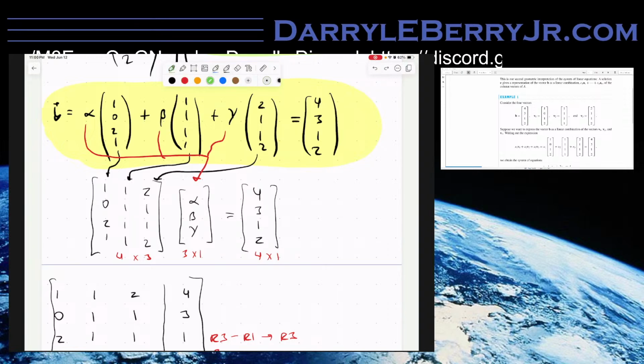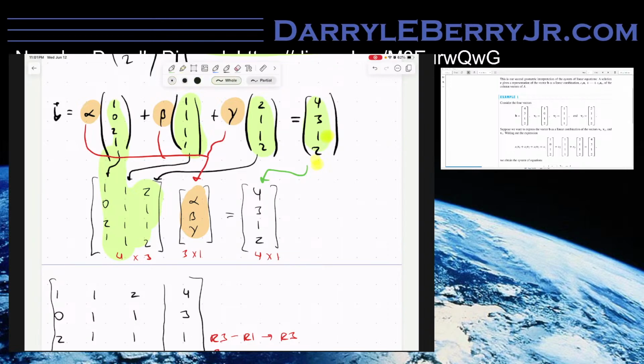Let me make that a different color to stand out. So that's all we did there. If I was to color code this, we have these here, we have these here, and this part stays in the back. That's all we did. And maybe this would look better if I didn't keep them connected like that.